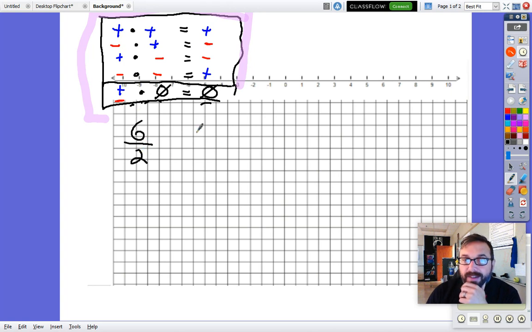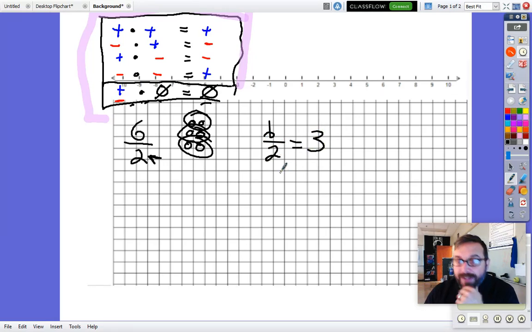So 6 divided by 2. This tells me I have 6 pieces, and I want to know how many groups of 2 I can make. Well, there's 1, 2, 3. So I know 6 divided into groups of 2 is 3. Okay, this is simple. And I also have a positive, and that yielded a positive result.